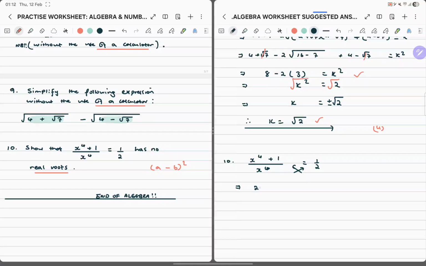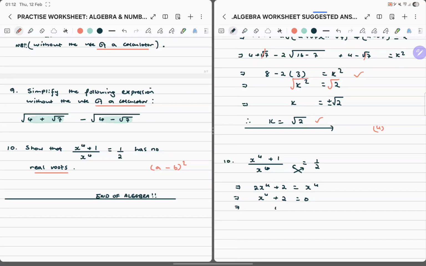So this implies we're going to have 2x to the exponent 4 plus 2 is equal to x to the exponent 4. Bring everything to one side. We get 2x to the exponent 4 minus x to the exponent 4, it's just going to be x to the exponent 4, plus 2 is equal to 0.